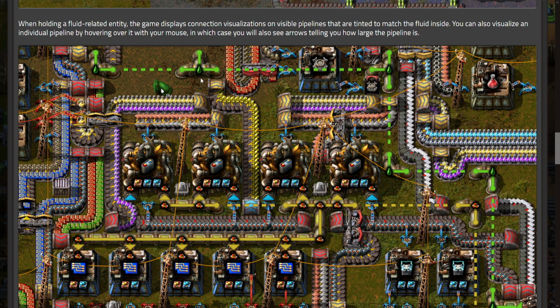And you can also hover over a certain pipe to only show its respective colors and where the lines are going. It will also show arrows telling you how large the pipeline is.